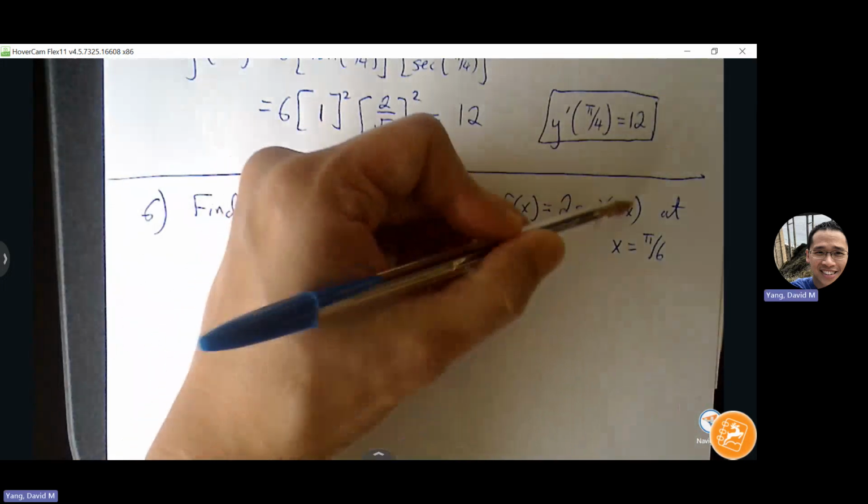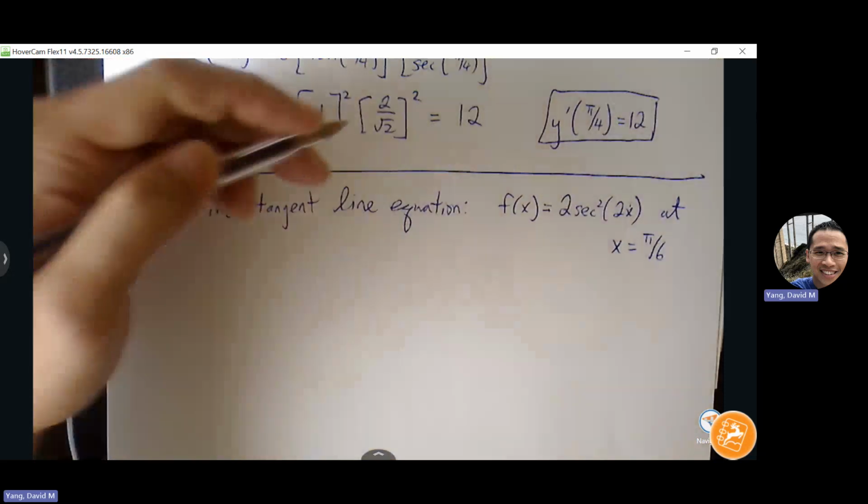That squared is only going to see secant, and what's inside secant is not going to impact that 2 there.